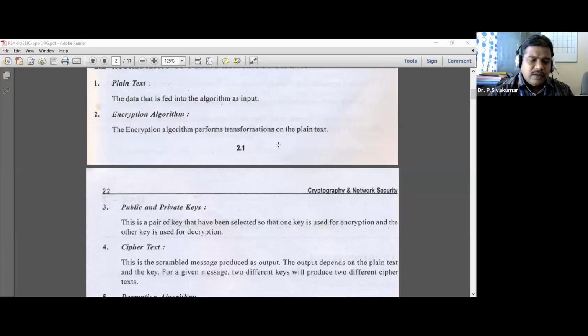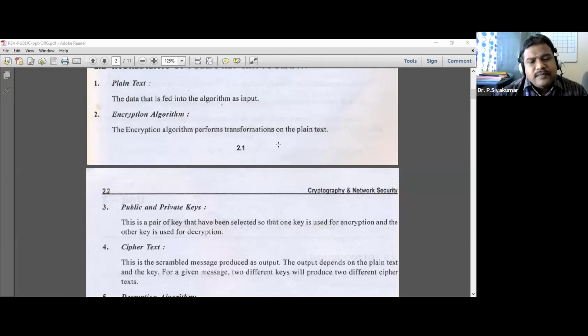Every user normally generates the two keys before you want to communicate securely with other people using this public key cryptography system. So this is the third component.